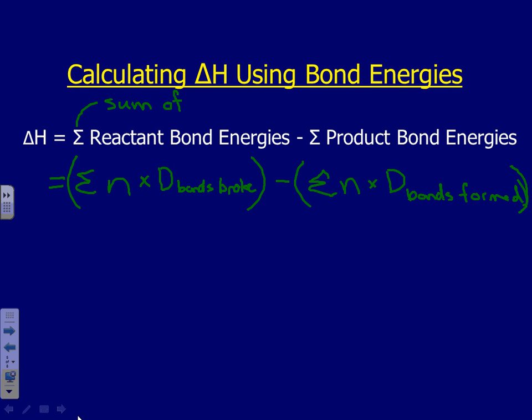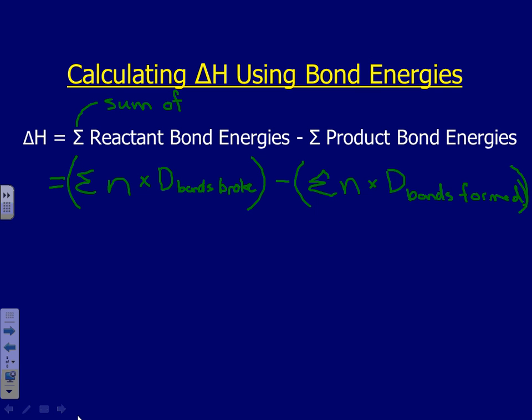Now, let's just analyze this equation for a moment before we use it. Remember, bonds breaking is endothermic. You might think it's a subtraction, but really, this is an addition. Because this is endothermic, this first term is positive. It's the positive value for the bonds broken, because when you break bonds, you put energy in.